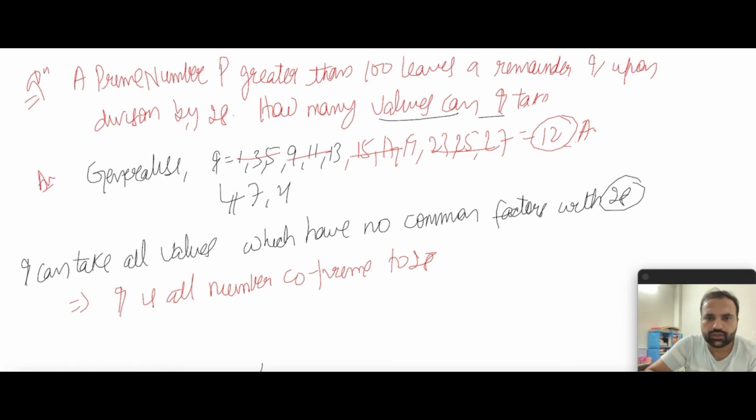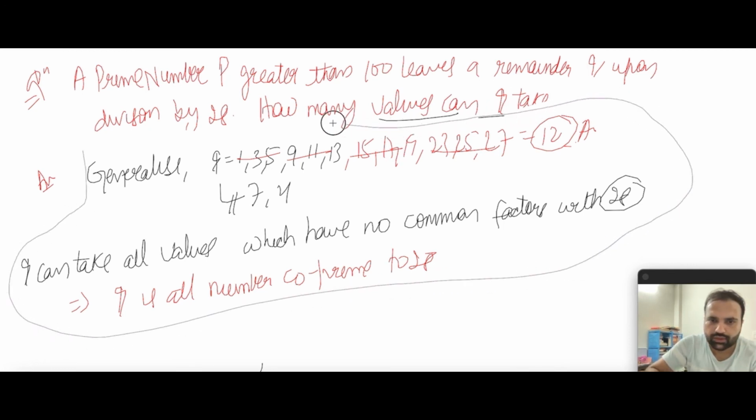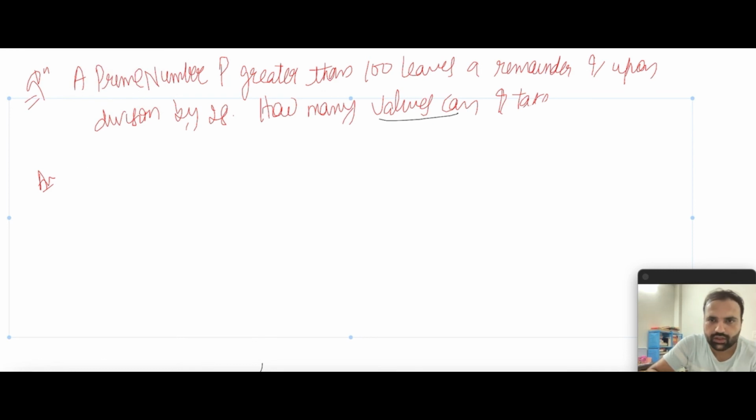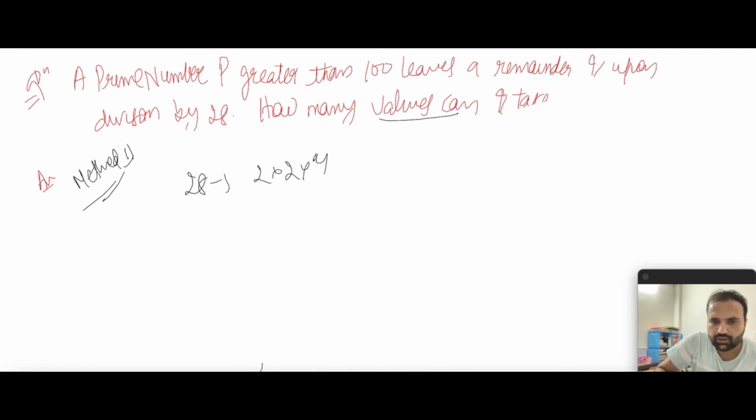For all the numbers that are not co-prime, we can simply do it in just one step. There's a basic formula for this. Method 2: a prime number leaves a remainder on division by 28. How many values can it take? 28's factorization is 2 square into 7.